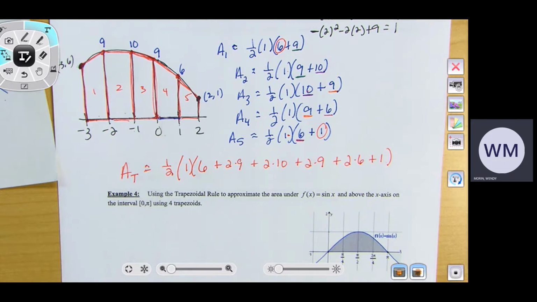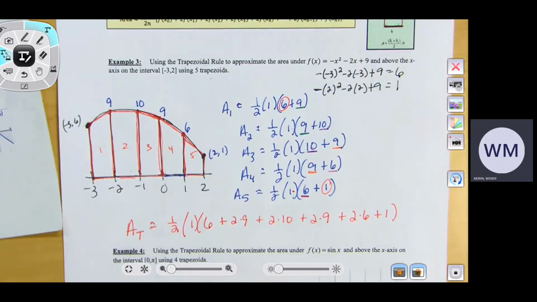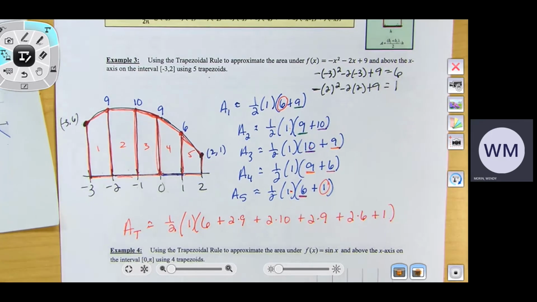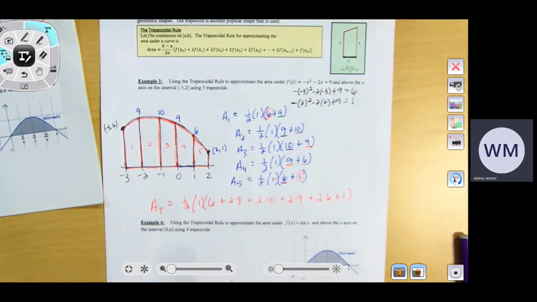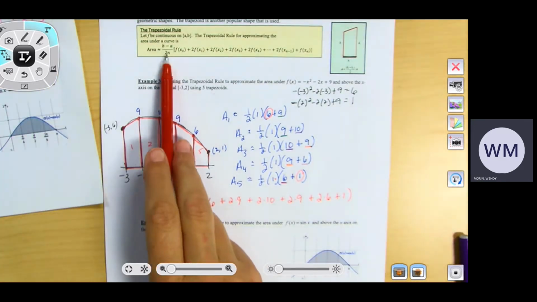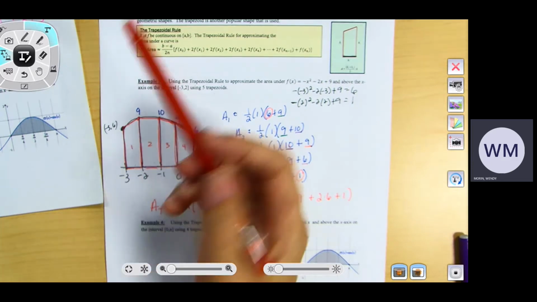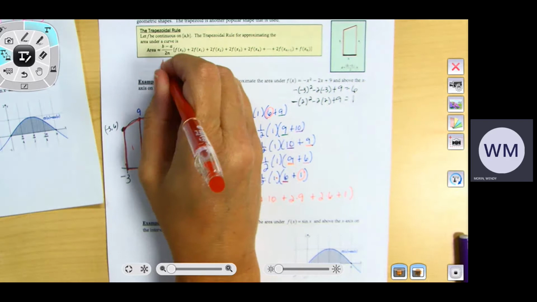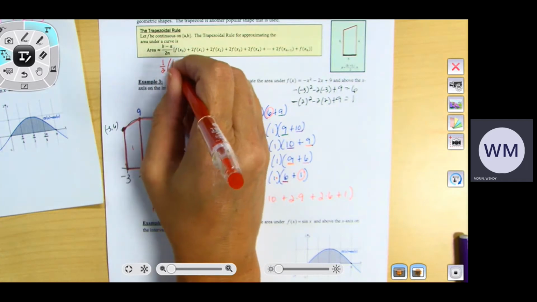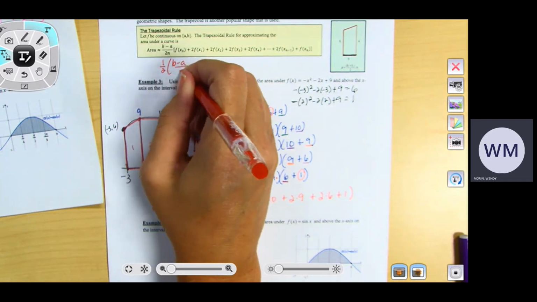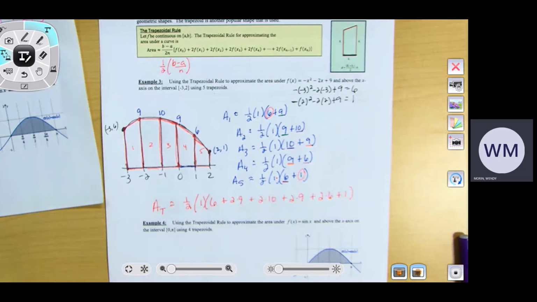Let's compare that. Zoom out a little bit here. Compare that to this formula right here. This right here is 1/2 times b minus a divided by n.